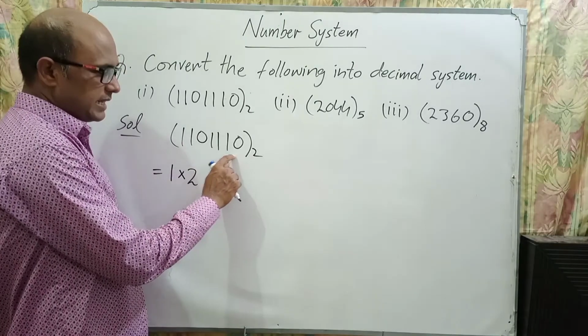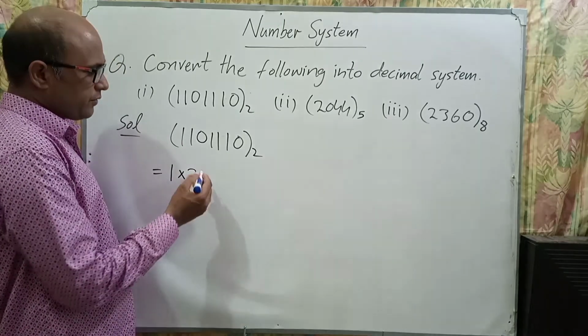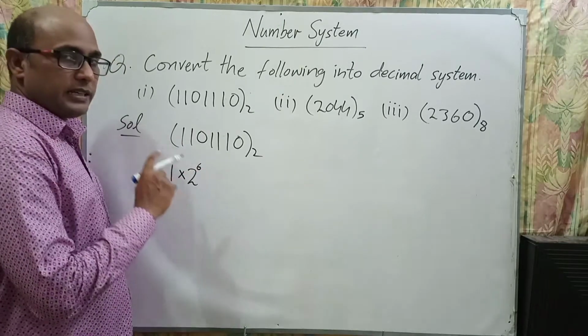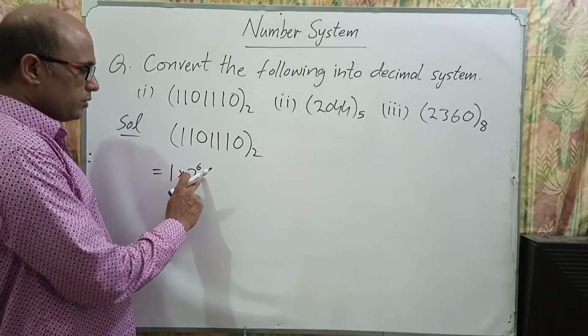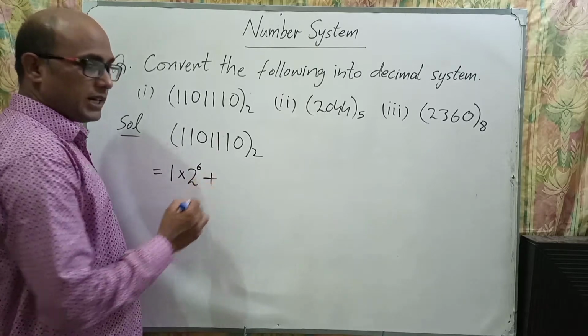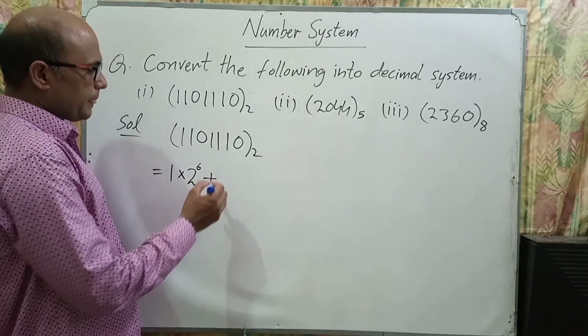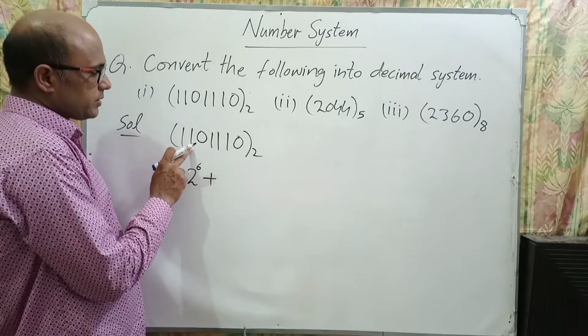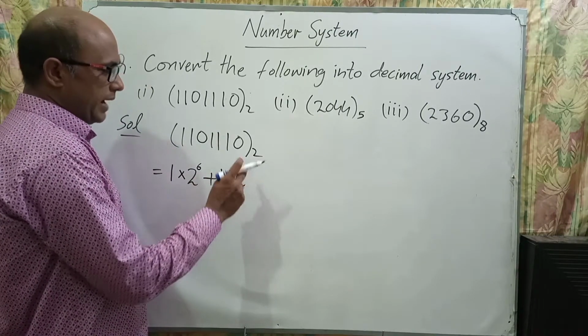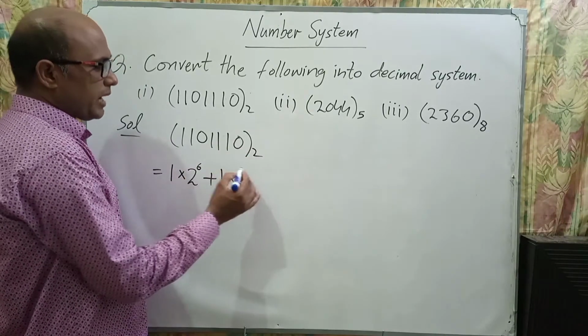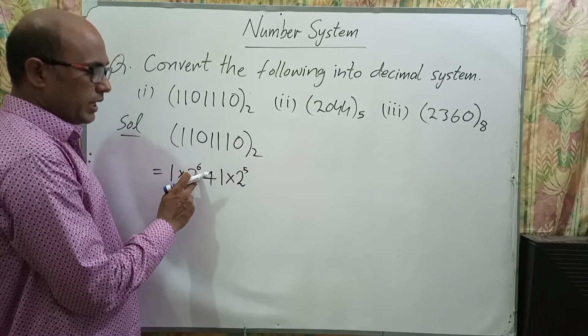The number of digits is 7, so first of all, we'll write power 6, one less than the number of digits. Then put a plus sign. The next number is also 1. Multiply it with base 2 with power one less than the previous power.